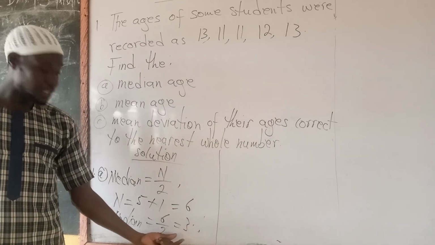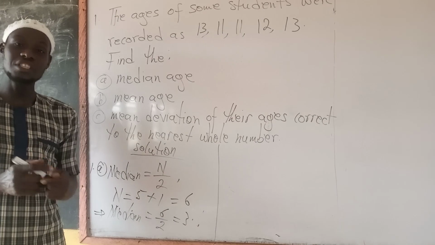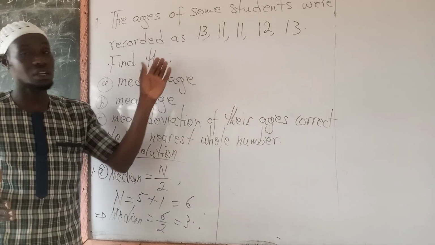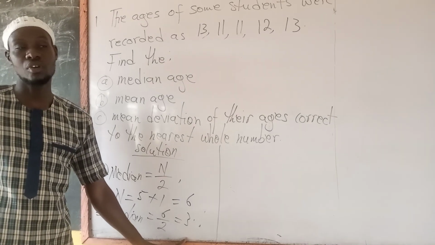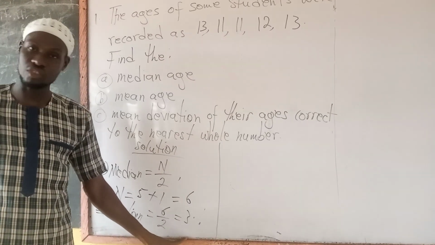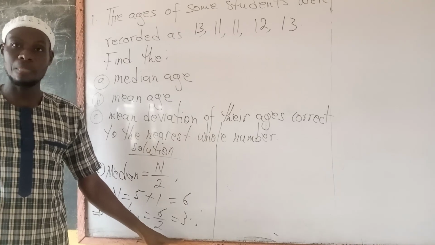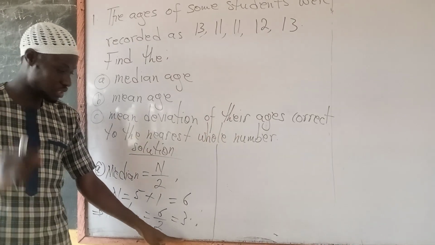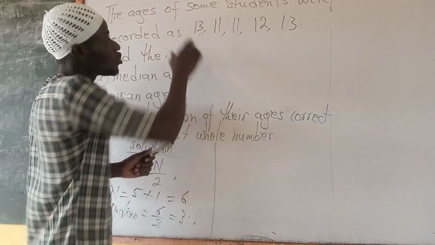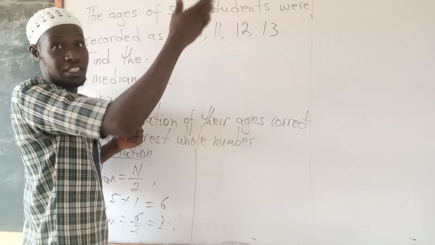The 3 here means the median age, if you arrange the set of numbers, will be located at the third position. And so we arrange the numbers in order, either ascending or descending.